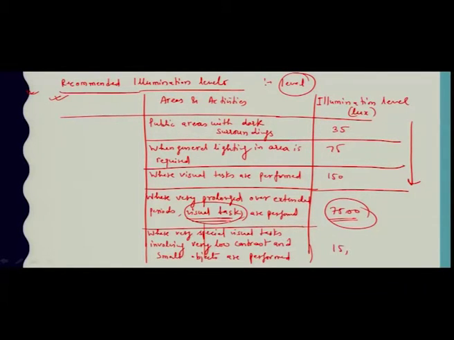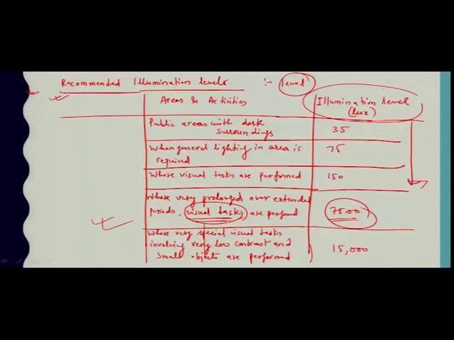So the illumination level is very high. There are several categories and recommended illumination levels for various areas and activities. As your requirement is higher, stress on the eye is large, and where you are dealing with small objects, the illumination level must be higher.